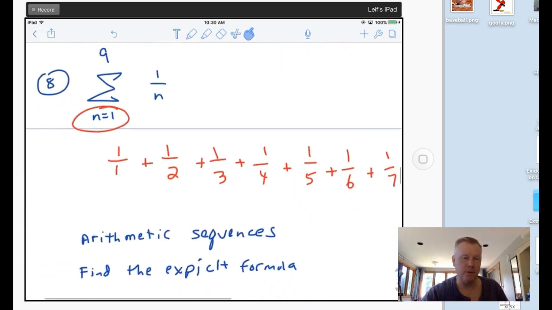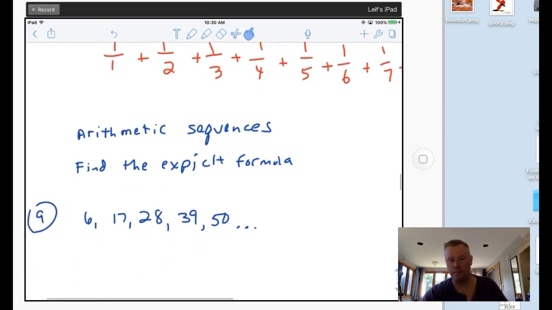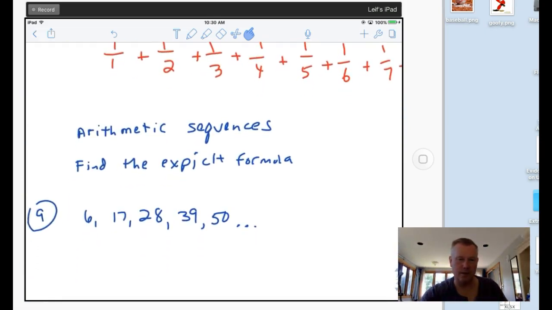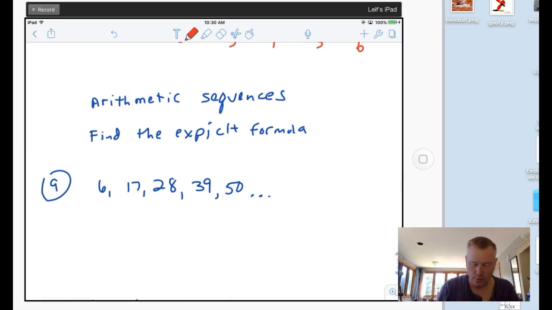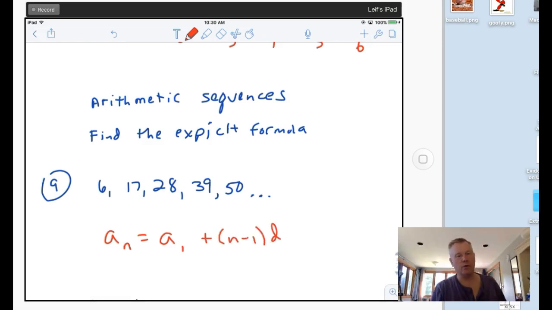But that's all you do with number 8. All right, next we got the arithmetic sequences. Find the explicit formula. So in the last video I gave you this equation, a of n equals a of 1 plus n minus 1 times d, and broke it down for you. If you've forgotten it, you should go back in your notes or watch the video again.